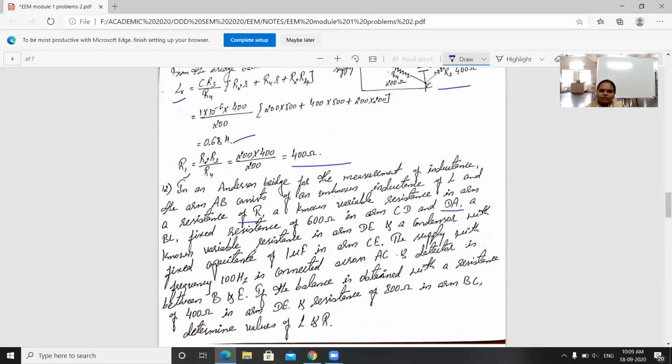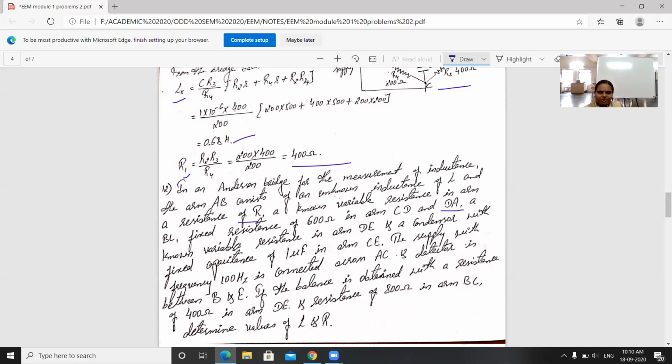A known variable resistance is in arm DE and a condenser with a fixed capacitor of 1 microfarad in arm CE. The supply with frequency of 100 Hz is connected across AC and the detector is between B and E. If the balance is obtained with a resistance of 400 ohm in arm DE and resistance of 800 in arm BC, determine the value of L and R.